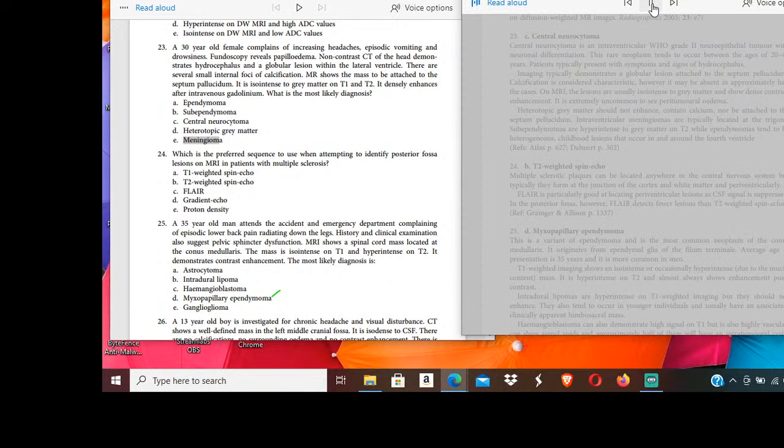On diffusion-weighted MR images. Radiographics 2003, 23, E7. 23, C. Central neurocytoma is an intraventricular, grade 2 neuroepithelial tumor with neuronal differentiation. This rare neoplasm tends to occur between the ages of 20-40 years. Patients typically present with symptoms and signs of hydrocephalus. Imaging typically demonstrates a globular lesion attached to the septum pellucidum. Calcification is considered characteristic, however it may be absent in approximately half the cases.